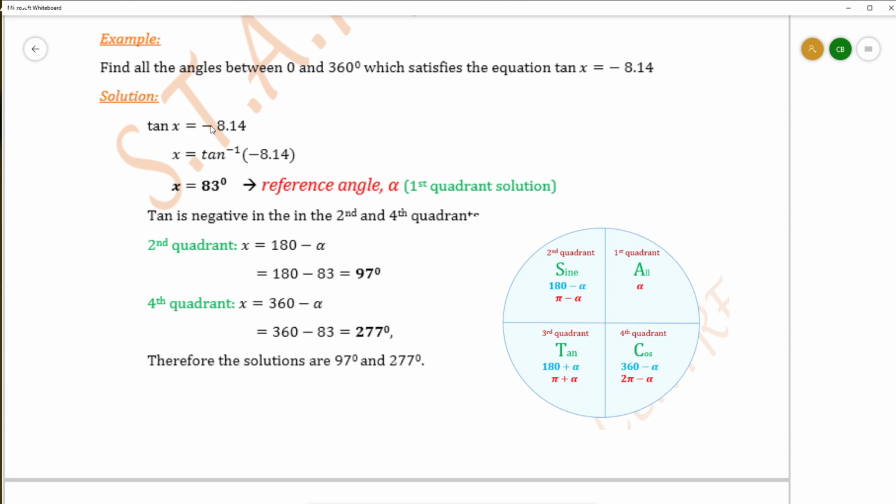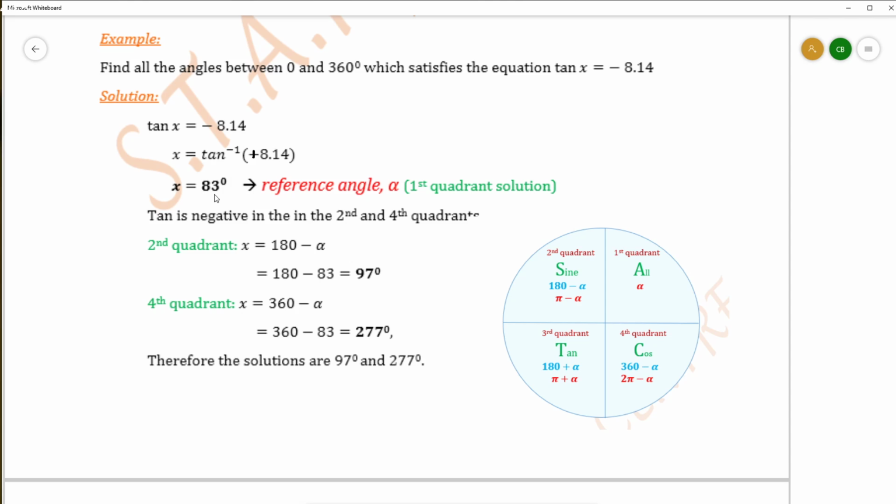So tan x equals minus 8.14, and to work out the angle in the first quadrant we use tan inverse of positive 8.14. We are just using the positive values here, and then we would look at which quadrants tan is negative. So tan inverse of 8.14 will give 83 degrees, but this is our answer if tan was positive.